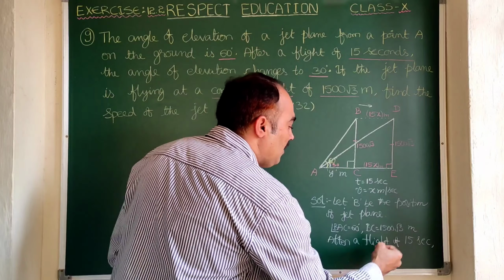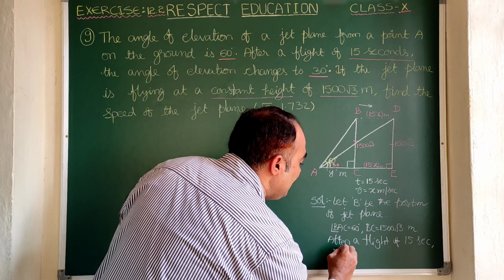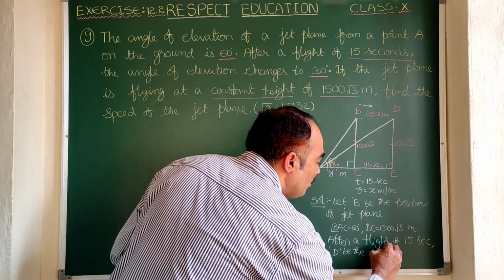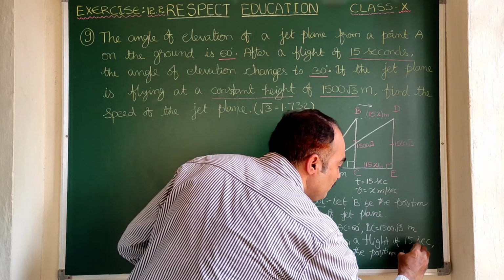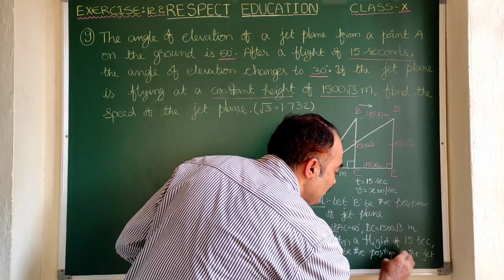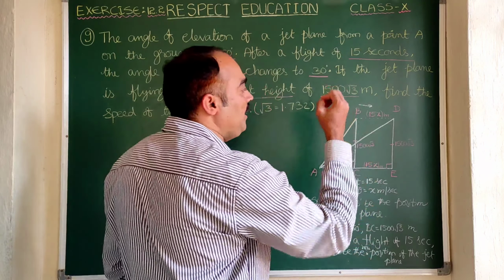So after a flight of 15 seconds, D be the position of the jet plane. We can say D is the new position, because already I have mentioned B as the position.